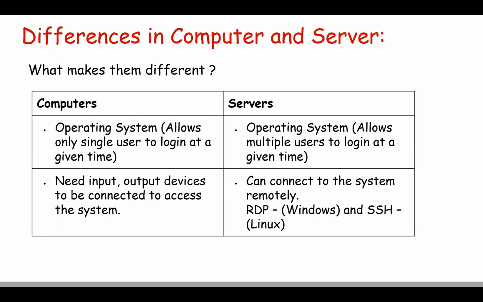If you come to the Linux level, you have to use SSH. These are the two different ways where you can access a server all over the globe, but you should have permission to access the servers. That permission granularity will also be discussed in future classes.